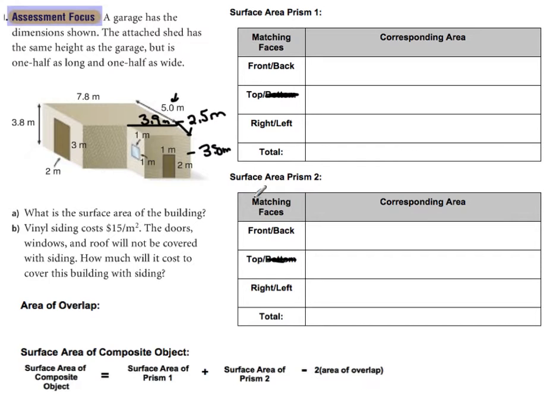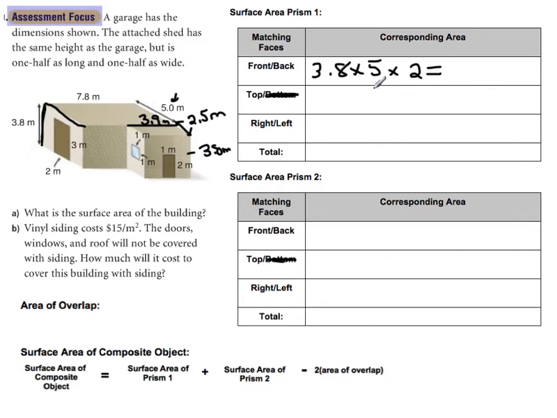Okay, ready? So what we're going to do is we're actually going to find the front and the back. So I'm going to call this the front here. So it has dimensions 3.8 by 5, because it would be the same as this over here as that. So 3.8 times 5 times 2, because there's a back.